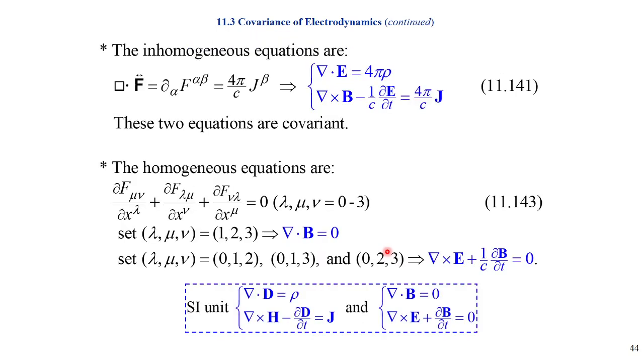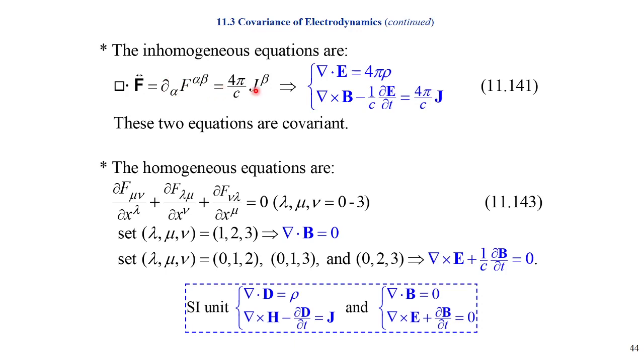Next page. Now we are going to construct the four tensor, the Maxwell equations. First one is the inhomogeneous equations. The divergence of a field tensor will give us this one.